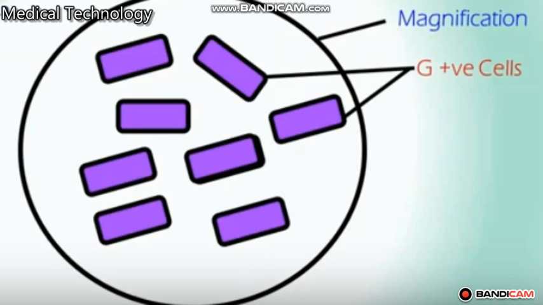Gram-positive bacteria appear blue to violet, but gram-negative bacteria appear red in color.